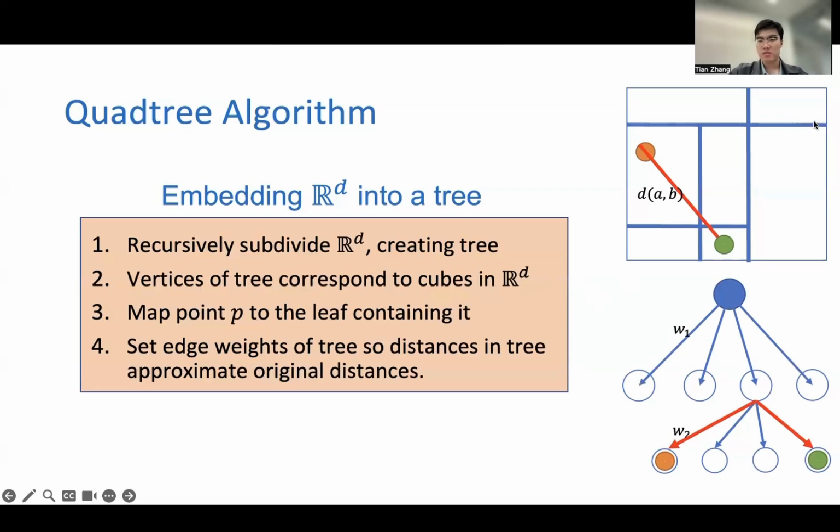So here is a diagram. We divide the L1 space by the grid, and then we construct the corresponding tree here, and then we put the points in the leaves that contain them. The final step is to set the edge weights in the tree so that the distances in the tree approximate the original distance, which is represented by the red edge here.